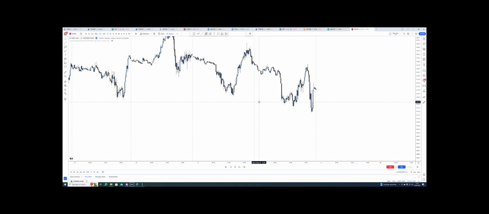I don't entertain any setups during London on the S&P 500. I think it's definitely more favorable in New York to trade. You got the sort of NYAM and NYPM, and I always hunt for that market maker buy and sell model.